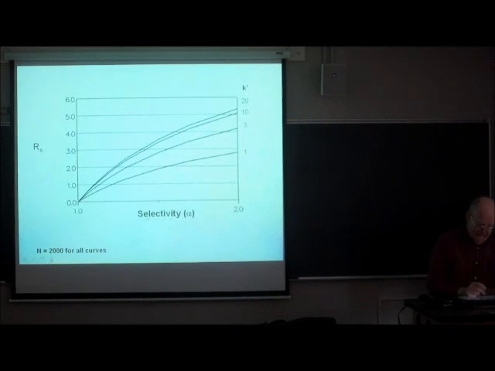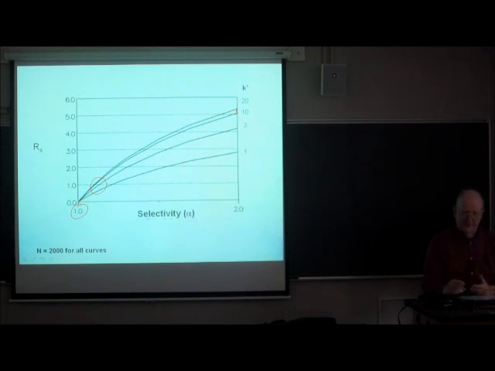Selectivity. This starts with a selectivity of 1, which is the lowest possible ratio of the 2 peaks, and then goes up, but it goes up very, very rapidly as a function of selectivity. And note how close these get together as K prime gets bigger and bigger.